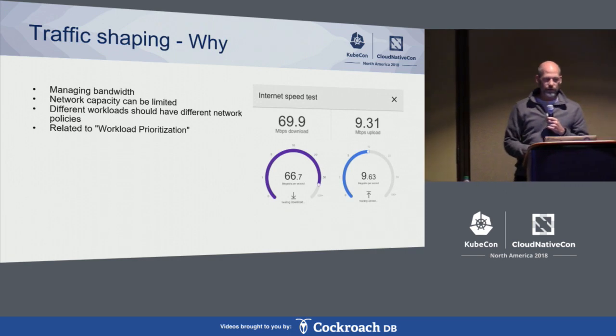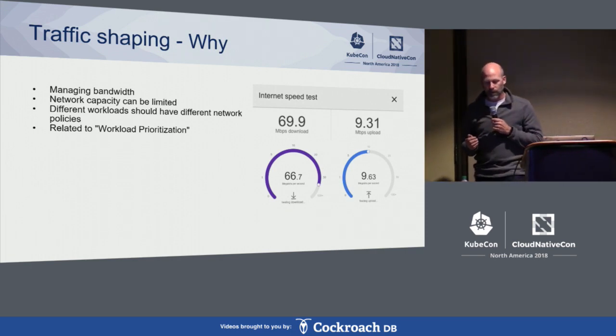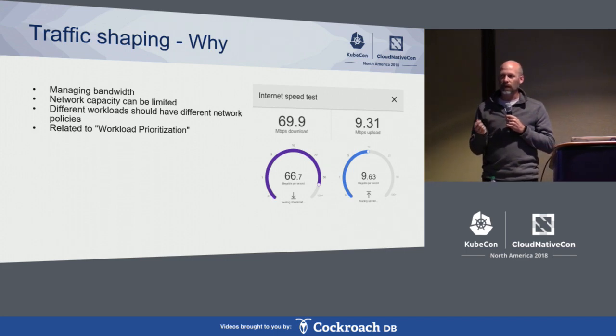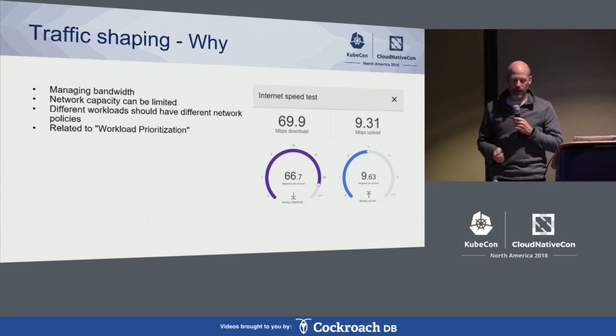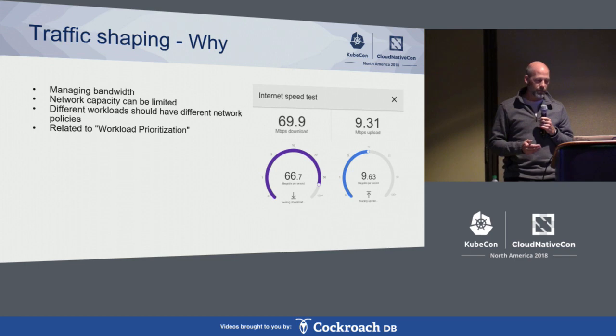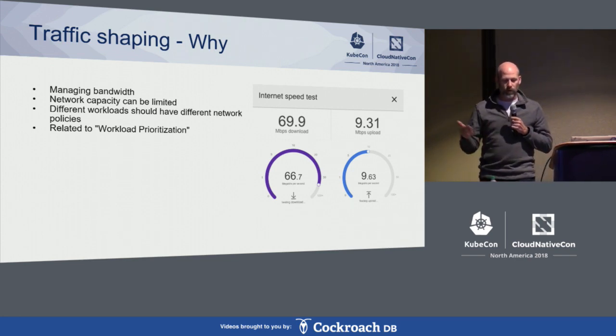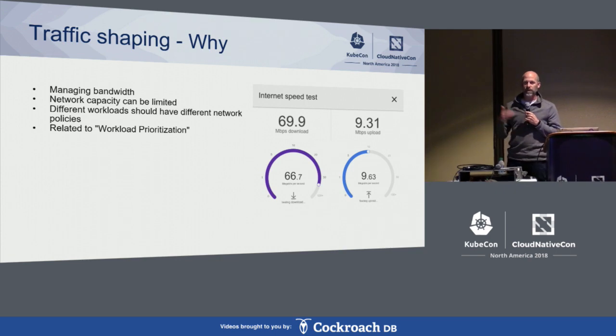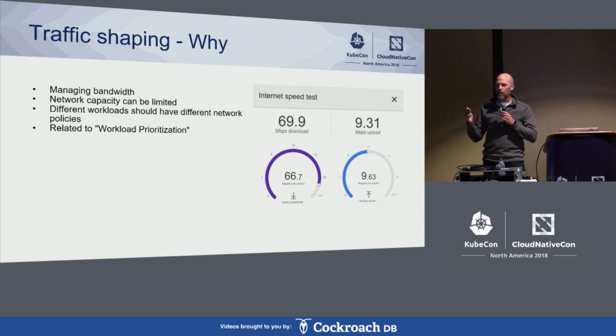The second one is traffic shaping, which has a couple different facets to it. The point I want to highlight, where it's relevant to edge use cases, is that in many remote or edge locations, you're dealing with a bandwidth constraint, and often that bandwidth may be asymmetric. So this is a typical small office, small business commercial cable network profile where you have much less upload than you have download.